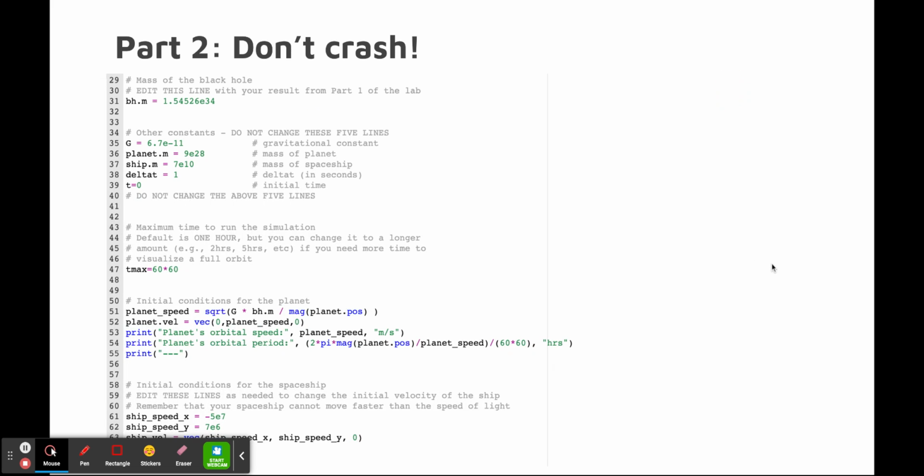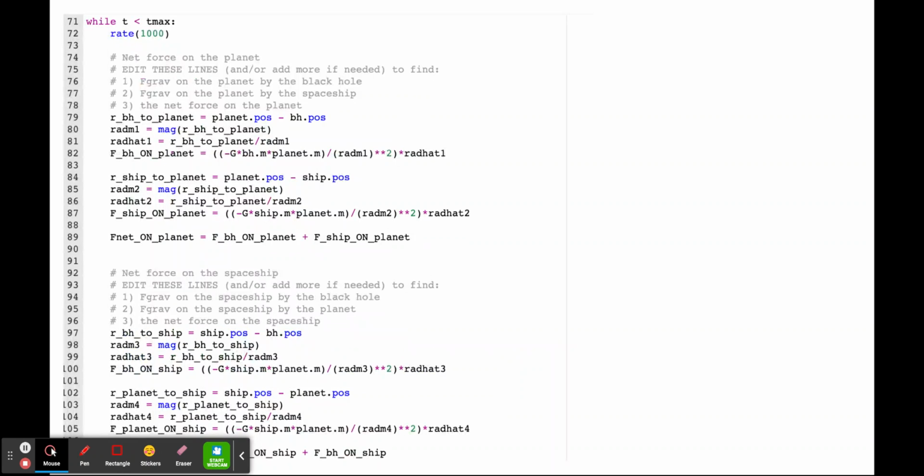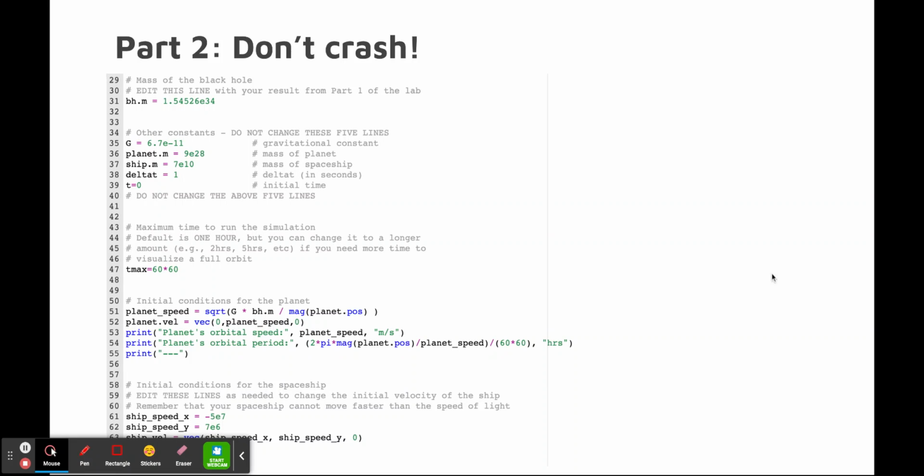So part 2 was: don't crash. In part 2, I inserted the mass found in part 1 and kept the max time the same. I put in this line to calculate the planet's speed and tested the initial speed to find a point where there was no collision.